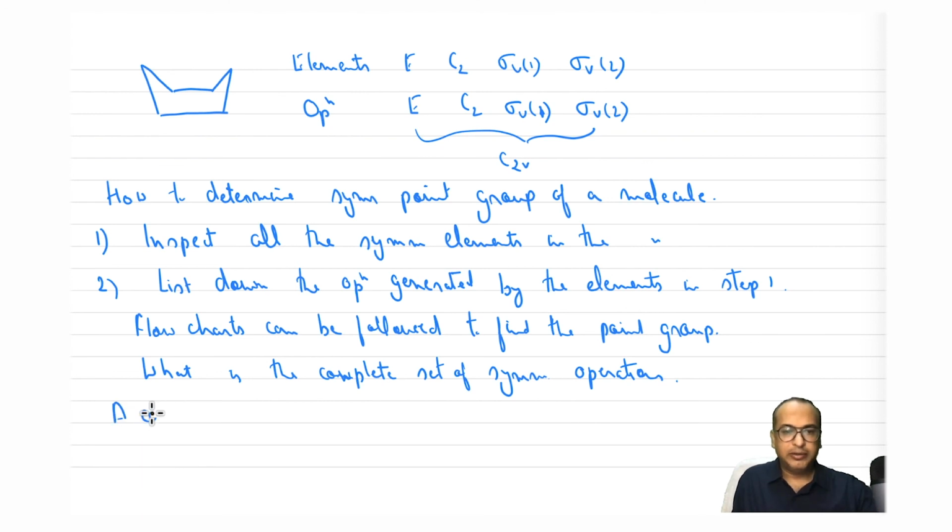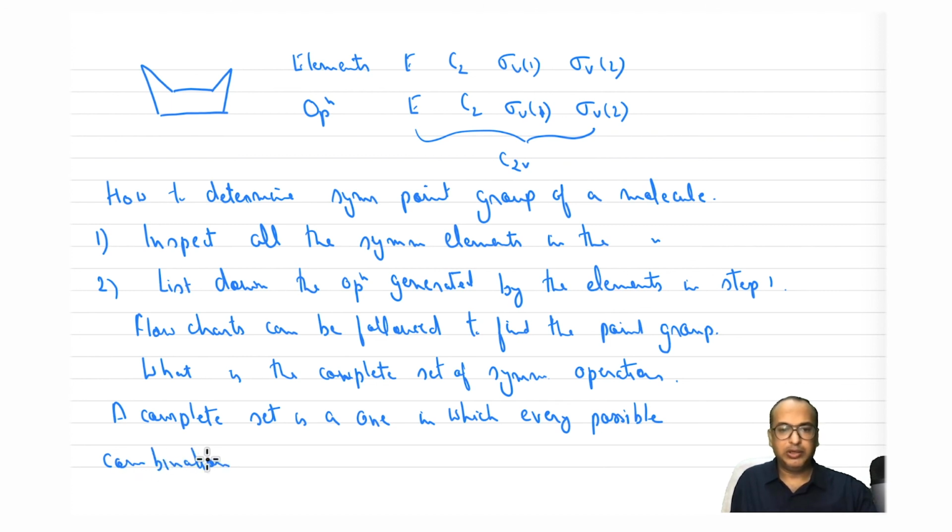A complete set is one in which every possible combination of two operations in the set is also an operation in the set. This may sound confusing, but let's see.